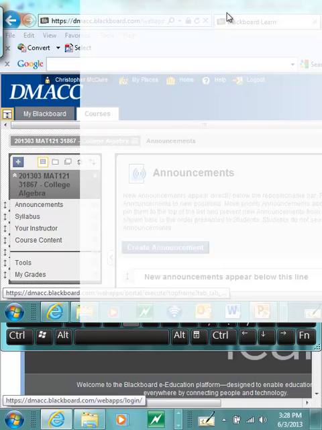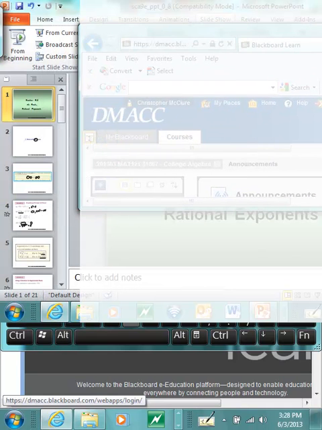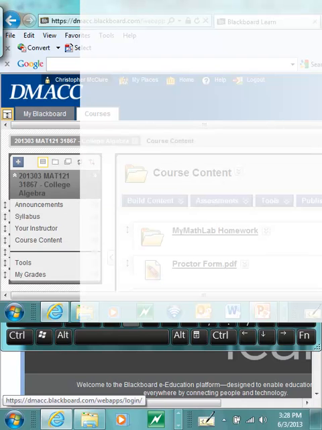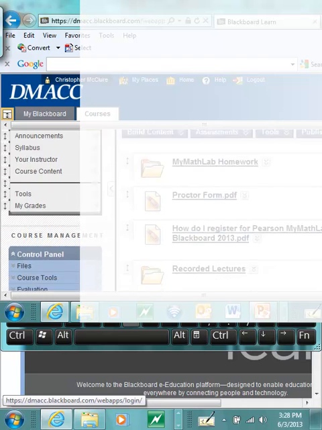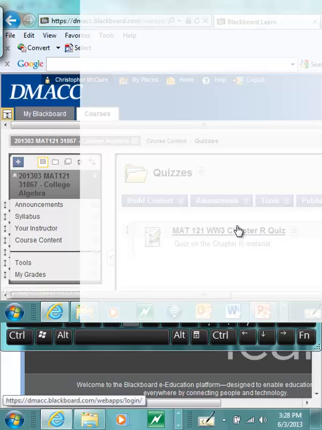Okay, so then locate the course content link to the left of your Blackboard screen. I'm not sure how much of this you can actually see. But then under quizzes on the course content page, here you have the quizzes folder. And here you've got the link for the quiz.